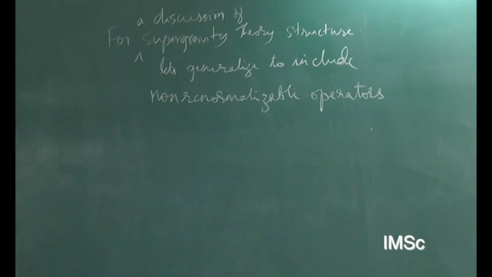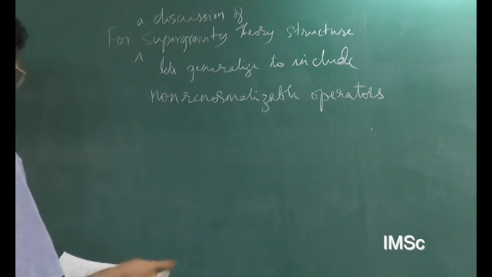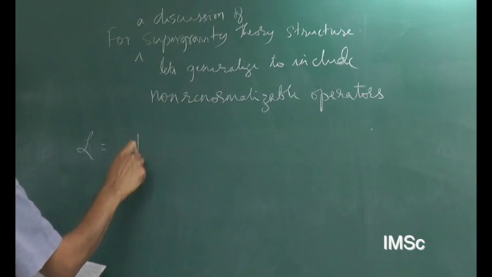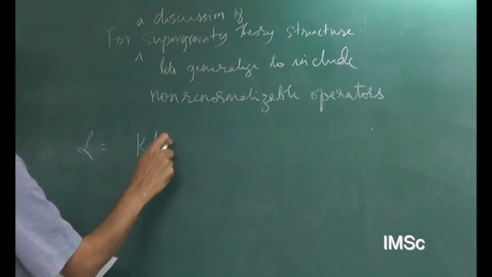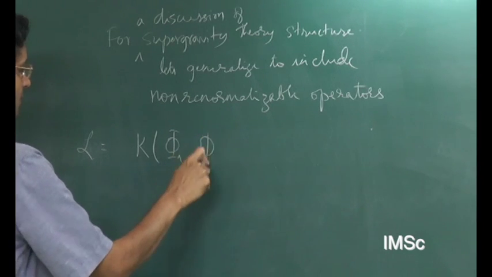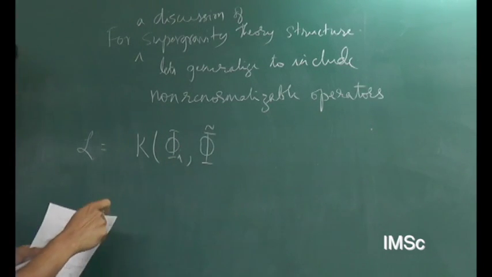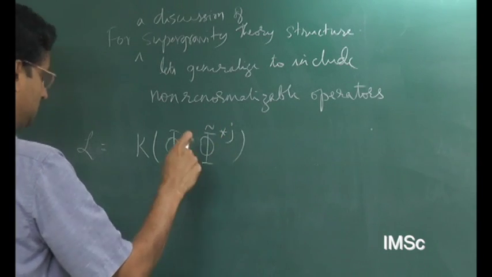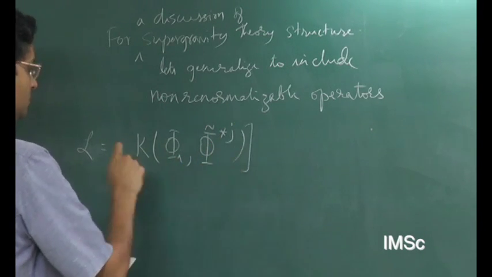So we'll include some non-renormalizable operators and write down the Lagrangian. I'll just write down these things. The structure will probably become obvious to you based on the construction that has already been done. It's just putting it in a more general form. Which are the structures that arise in supergravity?